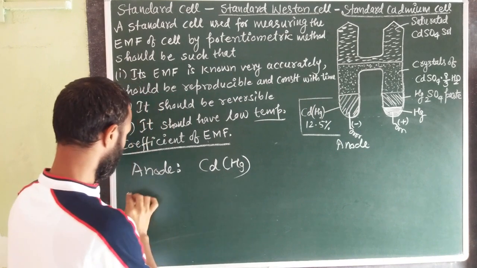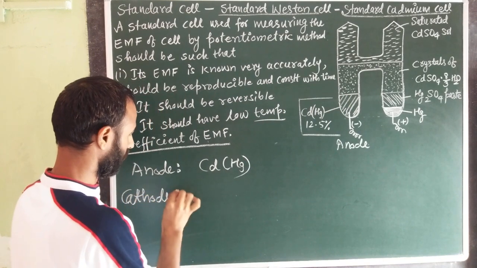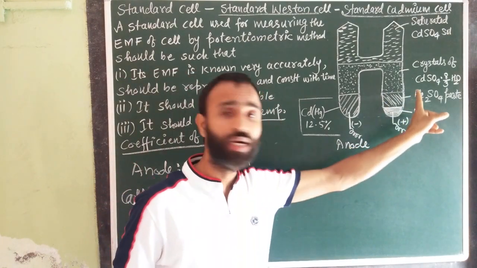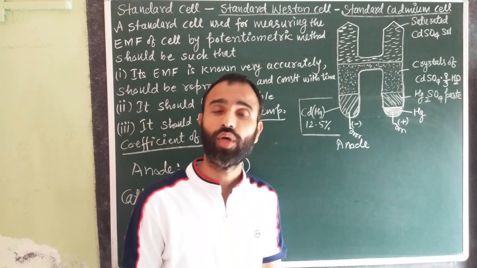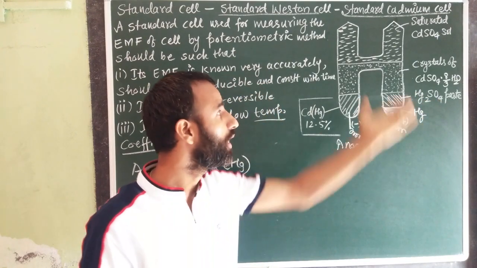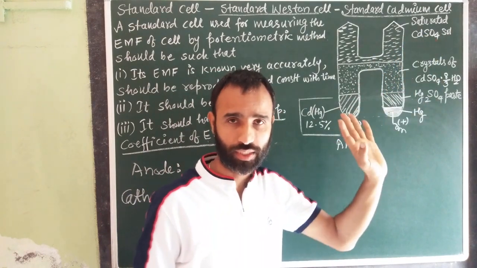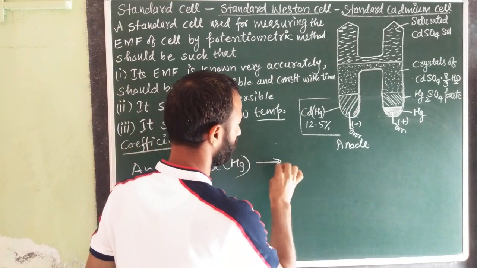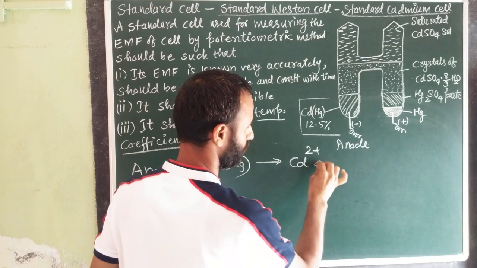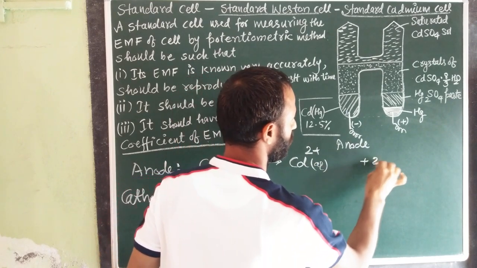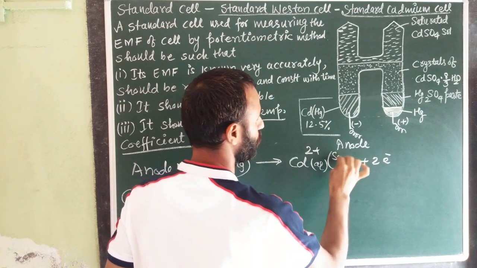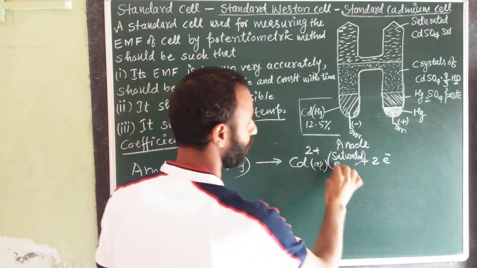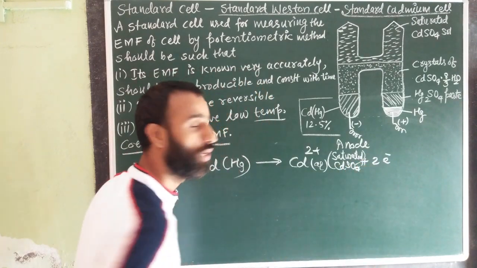So the anode is cadmium amalgam, and the cathode is mercury covered with a paste of Hg2SO4, and you know the electrolyte. Now at the anode, cadmium gives Cd2+ plus 2 electrons. This Cd2+ makes a saturated solution of cadmium sulfate.